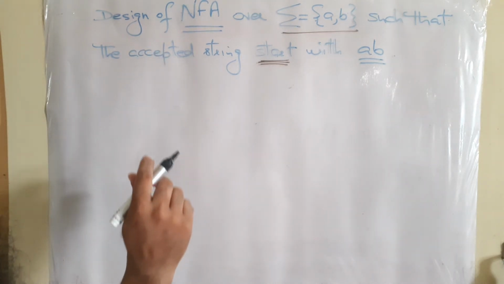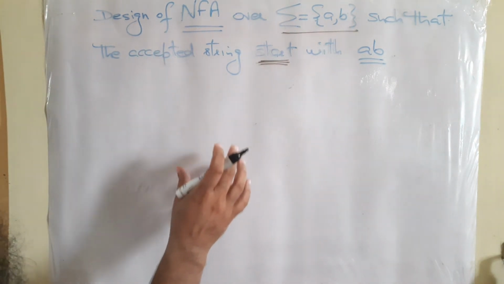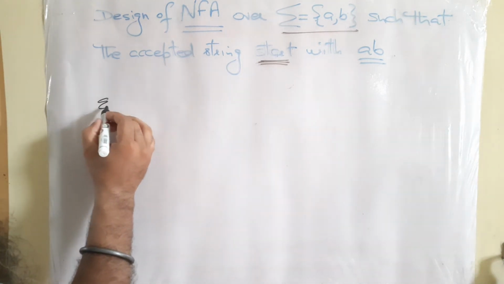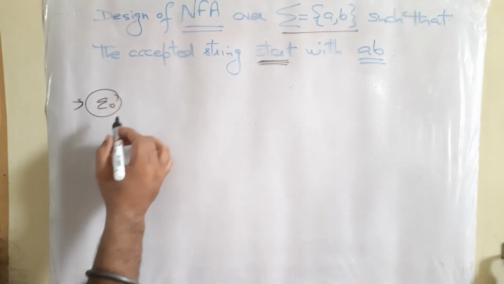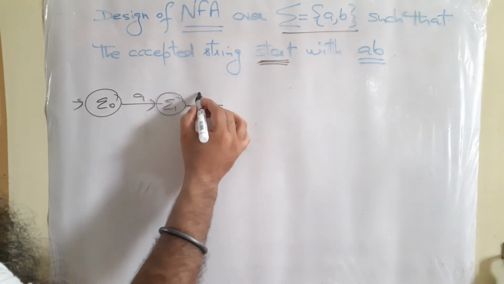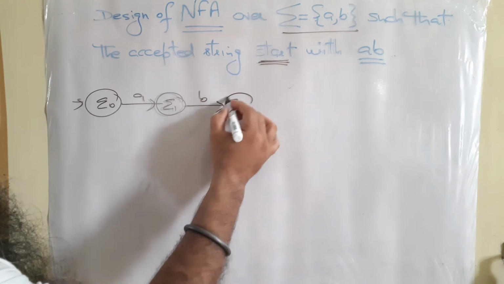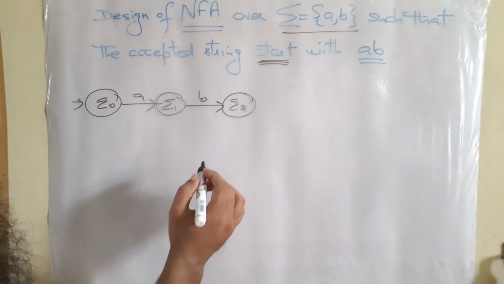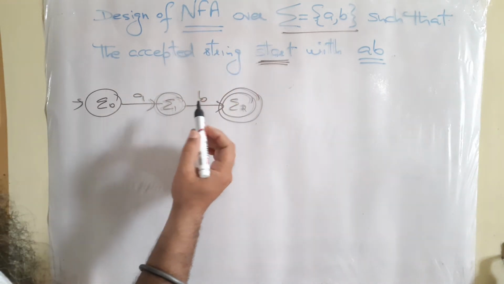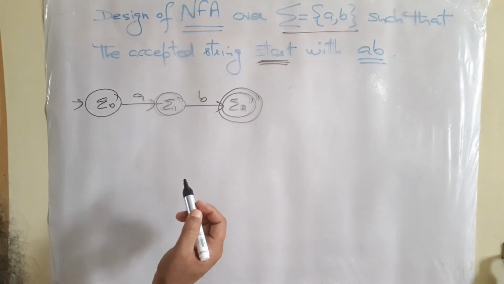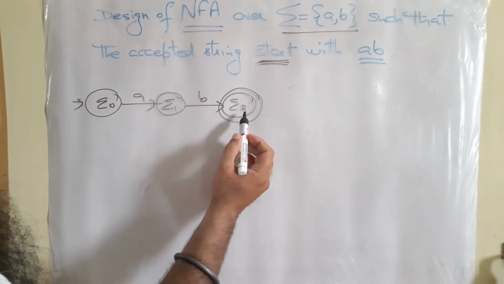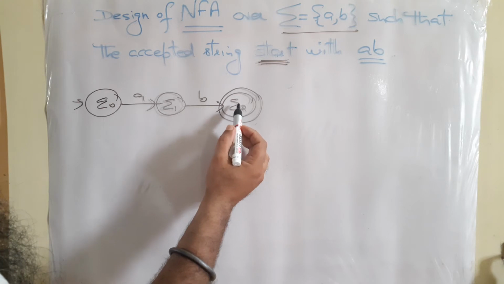But in NFA there is no need to add any kind of dead state, and we will learn this with the help of the example. Starting from the initial state q0, with input symbol a we can move to q1, with input symbol b we can move to q2, and this is the final state, because for this language ab itself is the minimum possible string. So when we get a and b in this sequence, we are at the final state, which is q2.